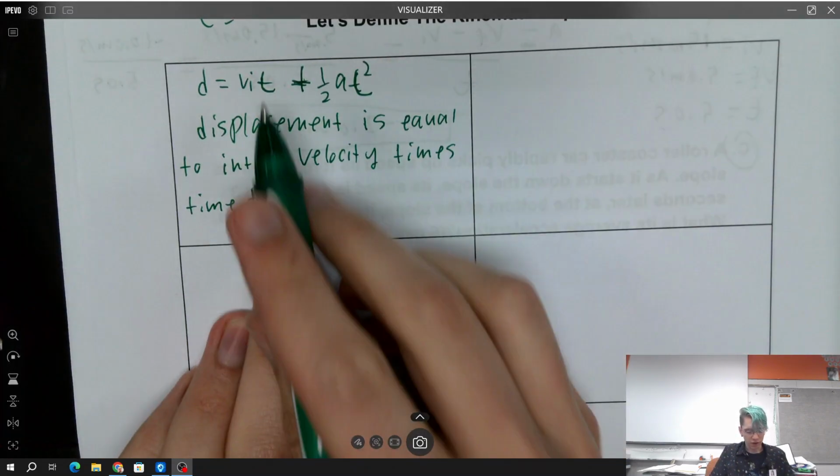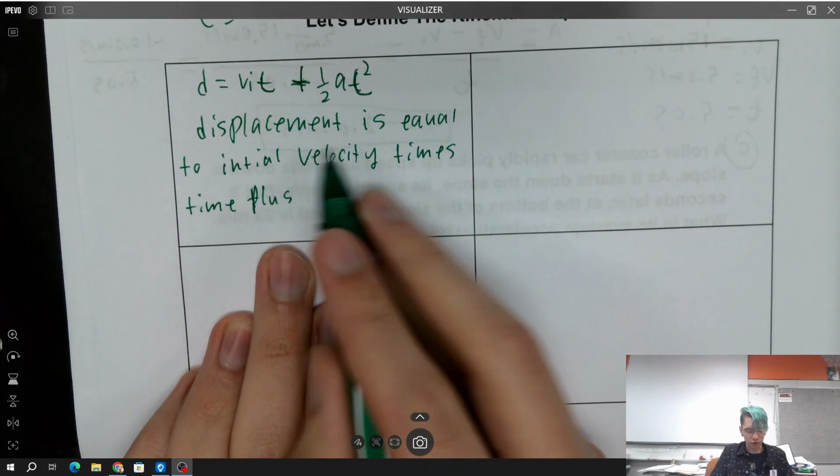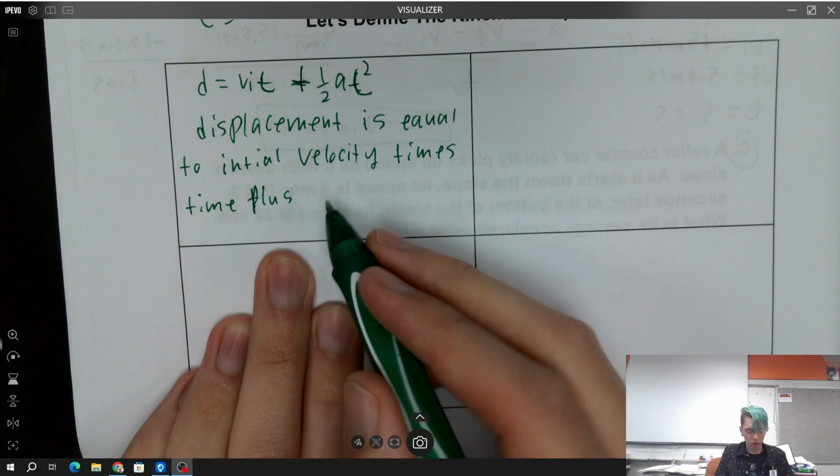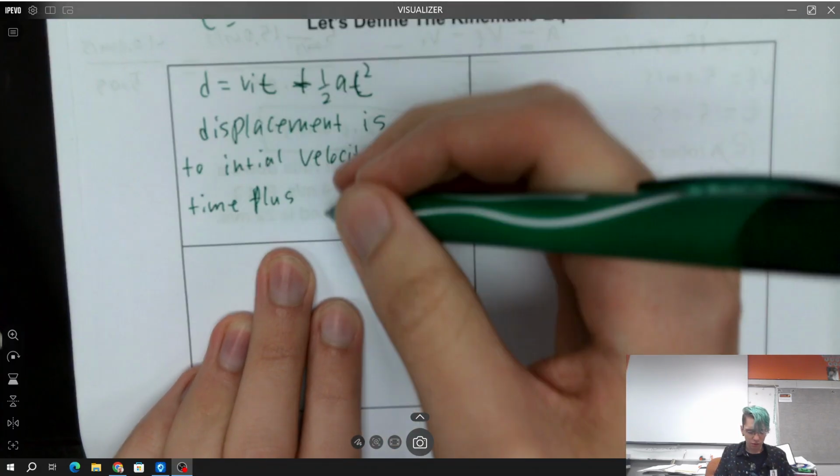But if we were to break this down, displacement is equal to the initial velocity times time plus 1/2 our acceleration times time squared.